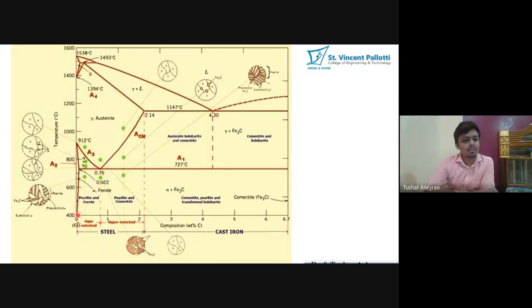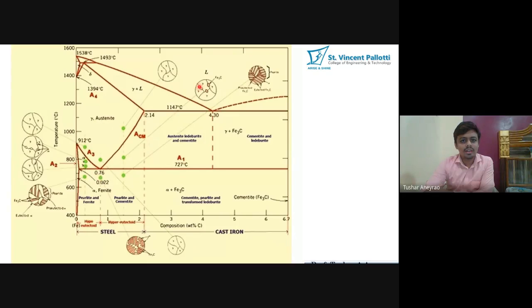We have considered it only up to 400 degrees because the purest alpha phase, which has 0.008% carbon, is stable up to 400 degrees centigrade. At 727 degrees centigrade, this phase is also present at 0.002% carbon.